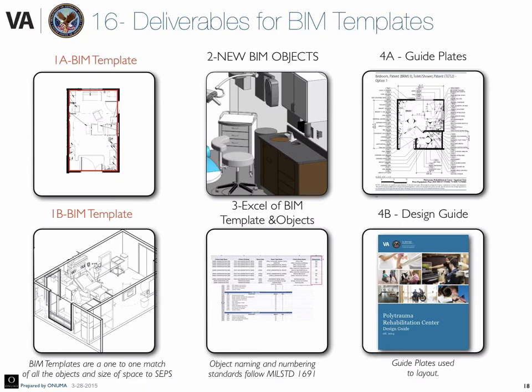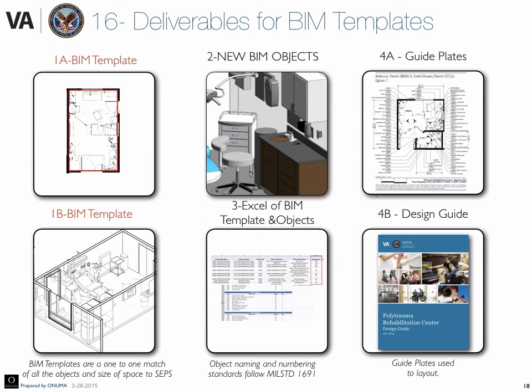So the deliverables, again, to review are the BIM templates, 1A and 1B. The BIM templates obviously are 2D and 3D view, but it's one object in Revit. The BIM objects in Revit, the Revit families, the Excel files, and the guide plates that have also in the past been delivered.